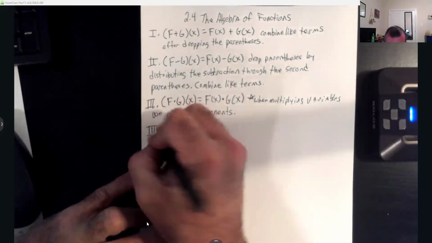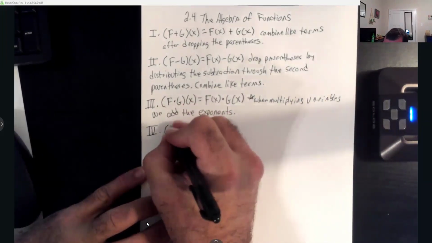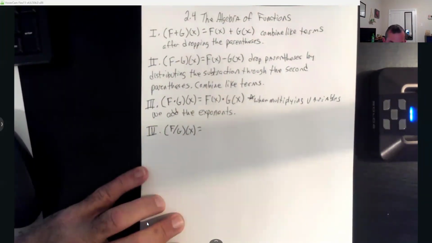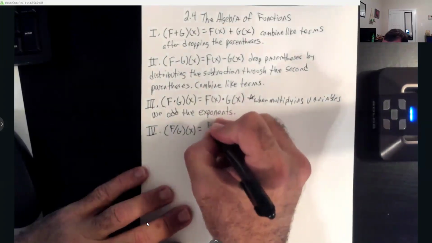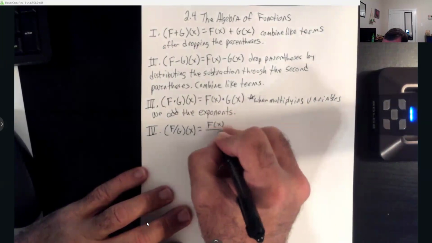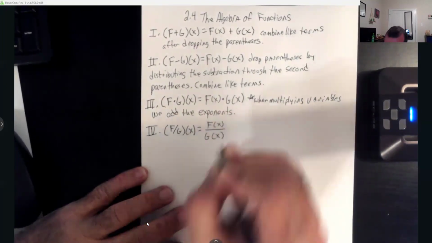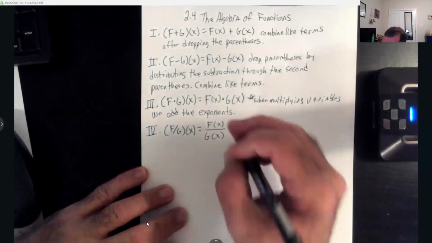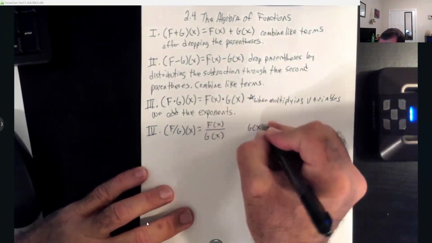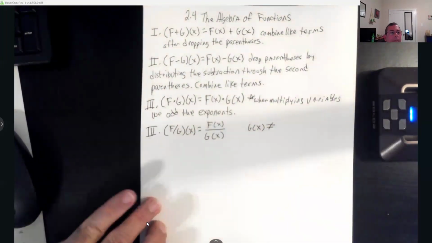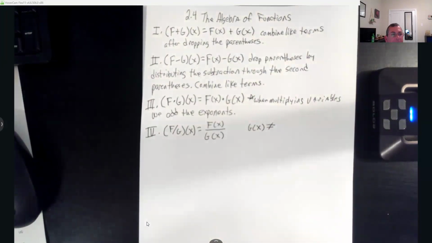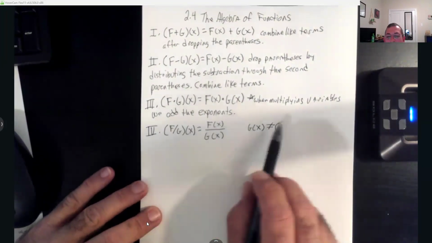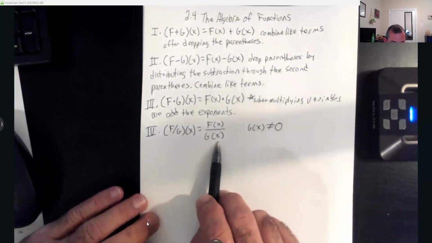Now the last operation, f divided by g of x. That'll be my f of x divided by my g of x. But y'all, guess what? What can g of x not equal? It cannot equal 0. Good job, y'all. Okay, so it's a function as long as g of x doesn't equal 0, okay?